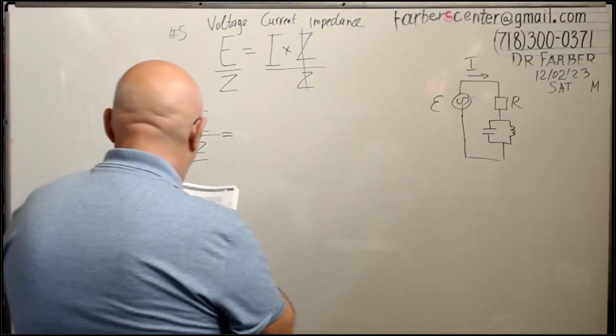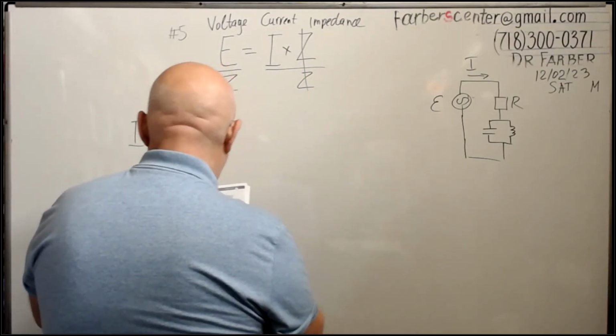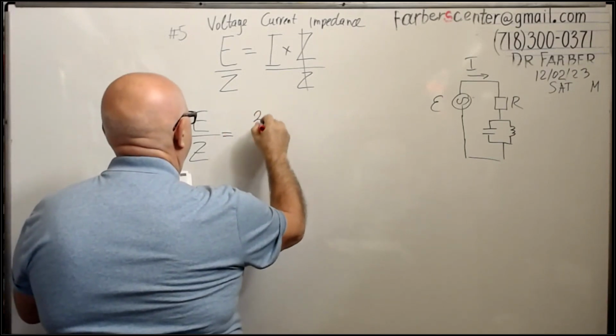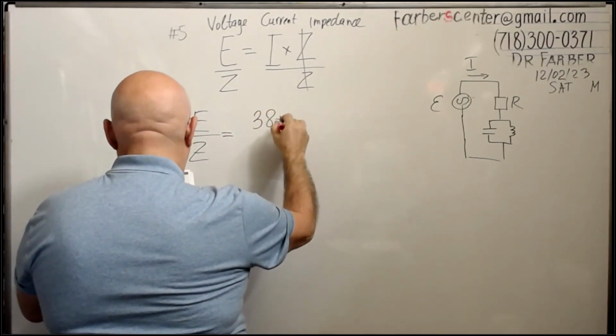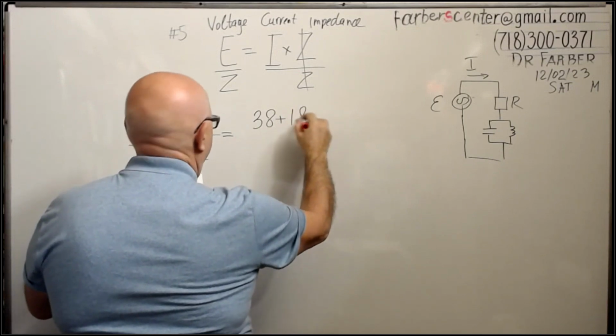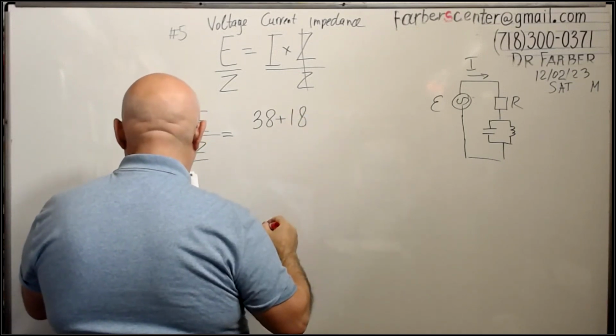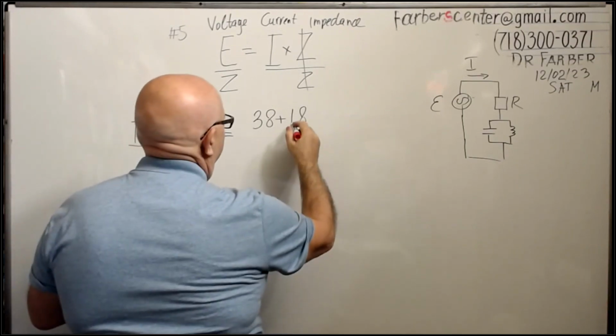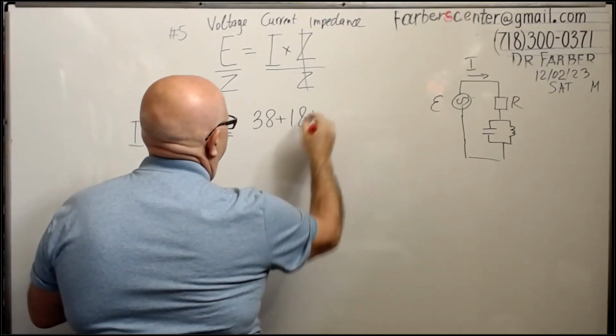This is given. Voltage is 38 plus 18i. This is actually i. They use j, but this is i.